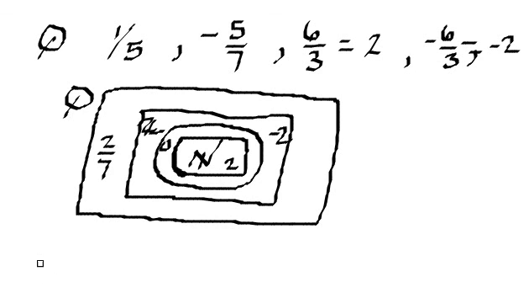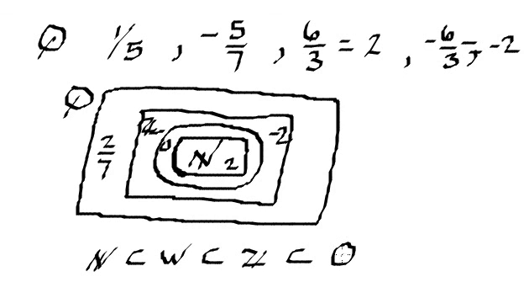Sometimes we don't pay attention, we make mistakes. Okay, so N is a subset of the whole numbers, which I just labeled as W, and that's a subset of Z, and Z is a subset of Q. So mathematically, that's how you would write this out.